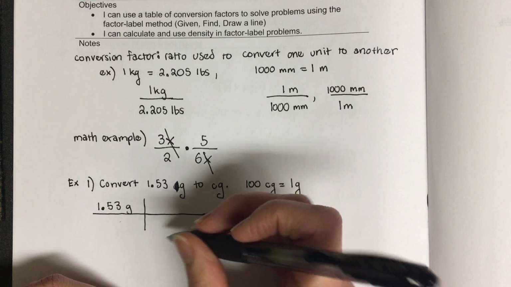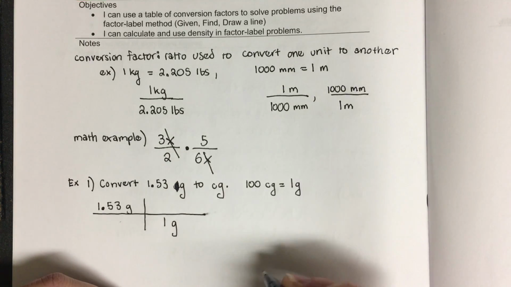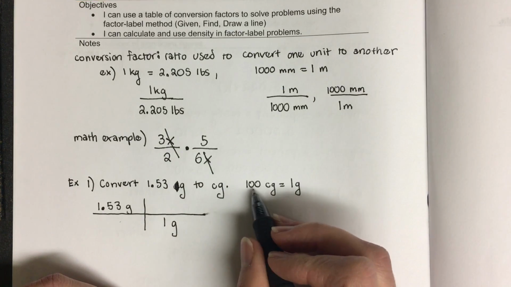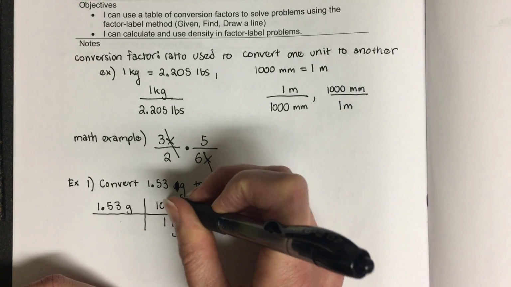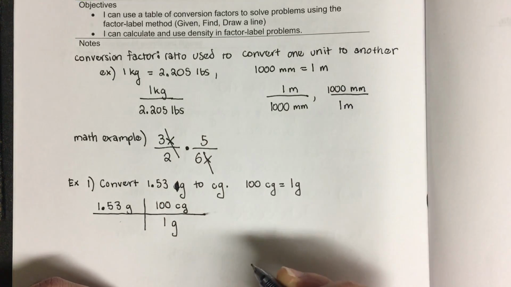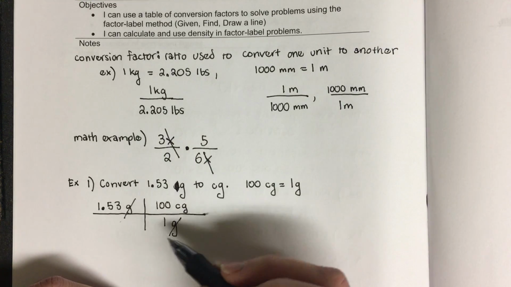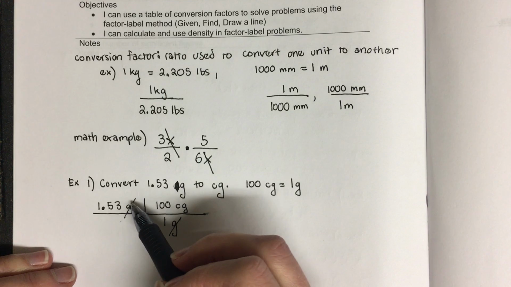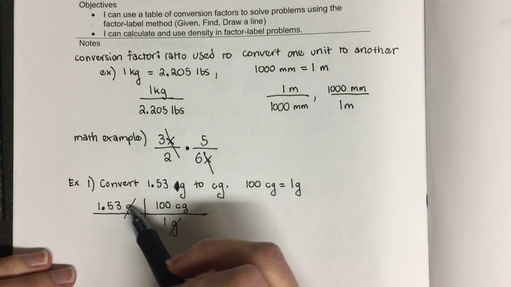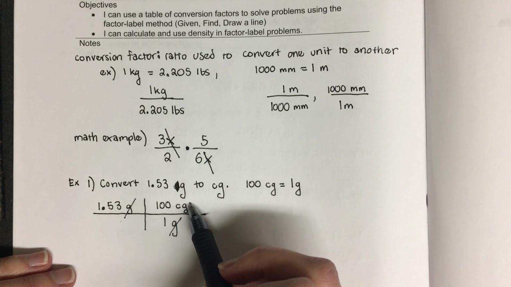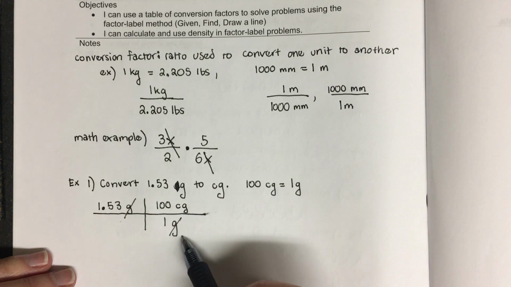So I'm going to take the 1 gram and put it on the bottom, and I'm going to put the 100 centigrams on the top. And now, since the grams are on top here and on the bottom here, they cancel out. They have to be on the top and on the bottom to cancel. If you put grams here and here, they won't cancel. You got to put grams here and here.